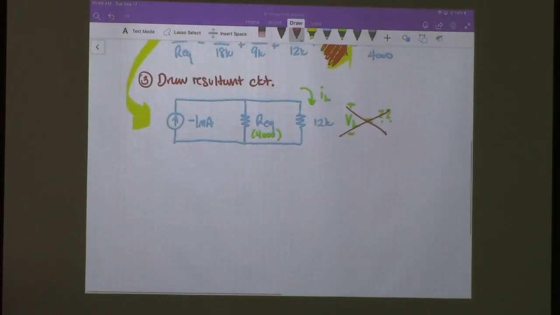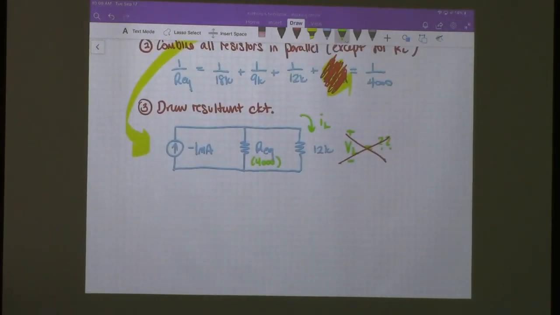So IL will be equal to, what will it be equal to? It's a current divider, right? We know that for a current divider, it works like this.